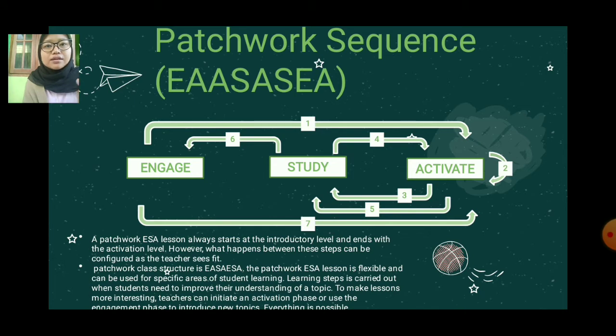Yang pertama, dari engage kita langsung ke activate. Dari activate masih muter lagi di activate situ, and then after the activate move to the study. After study to activate again, then after activate move to study again, then after study get the engage, and after engage langsung move ke activate again. Maksudnya gimana?